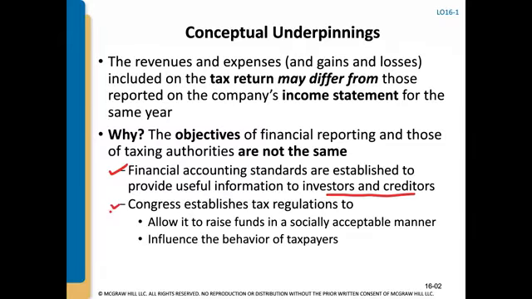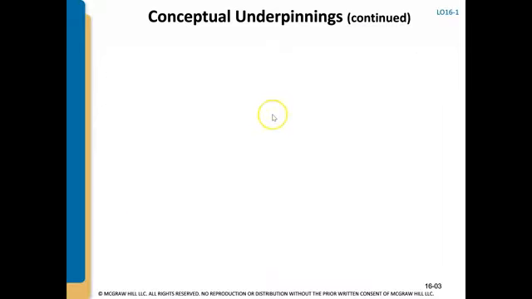Congress established tax regulations, which are the rules that we have to follow for tax, in order to raise funds for the country, and to influence the behavior of taxpayers. What this means is that there are tax rules set in place such that corporations do not enter into transactions solely for tax benefits. There has to be a business purpose for it.